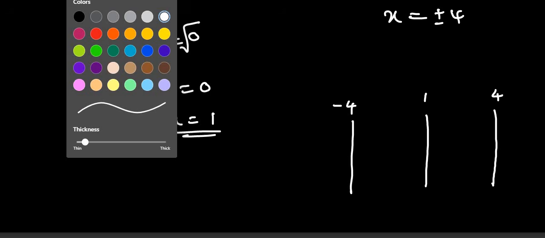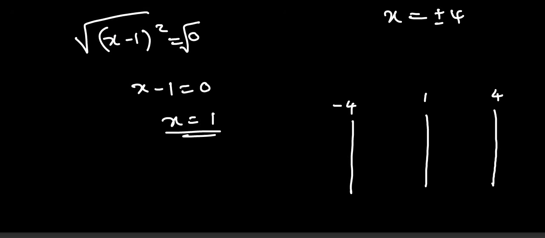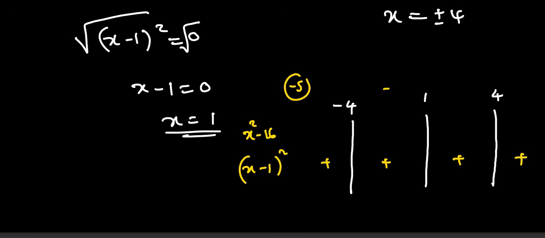We are supposed to test to check which region is going to be acceptable, because we have x squared minus 16, and we have x minus 1 then squared. So we know this bottom guy is always going to be positive despite what you are doing, because anything you pick, -5, -3, anything here, let's say 2, the outcome, because of the square, is always going to be positive.